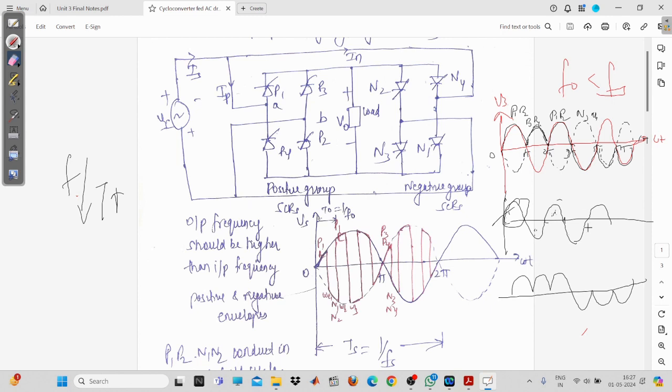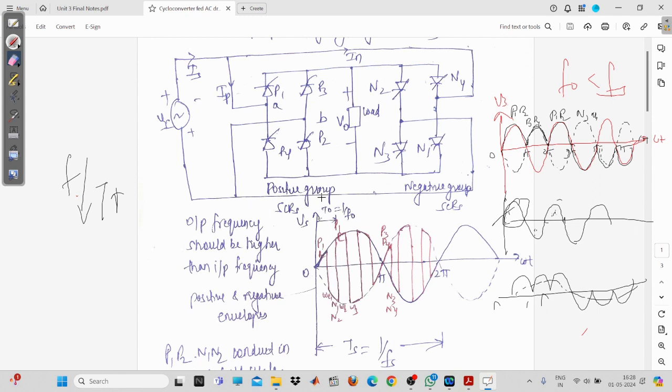Understood? So what I have done is that the output frequency has lowered. It has lowered to F0 equals 1 upon 3 into Fs, because we are not conducting N1, N2, or N3, N4 immediately.